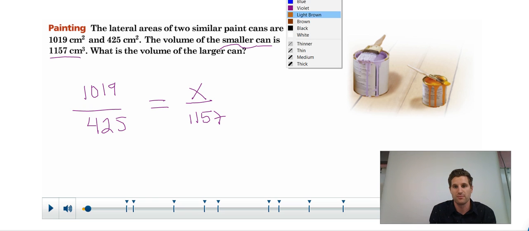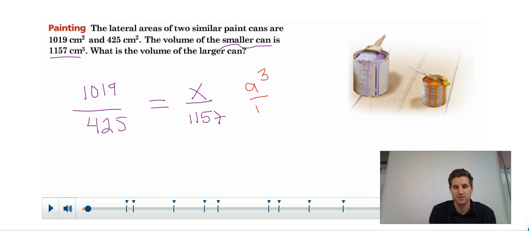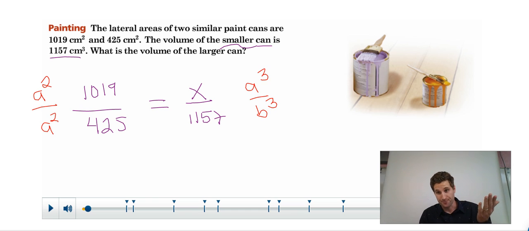Okay, we have an additional problem here. This is volume, so this is cubed. And this over here is squared. So how do we deal with this? We want to get them in the same relationship to each other.